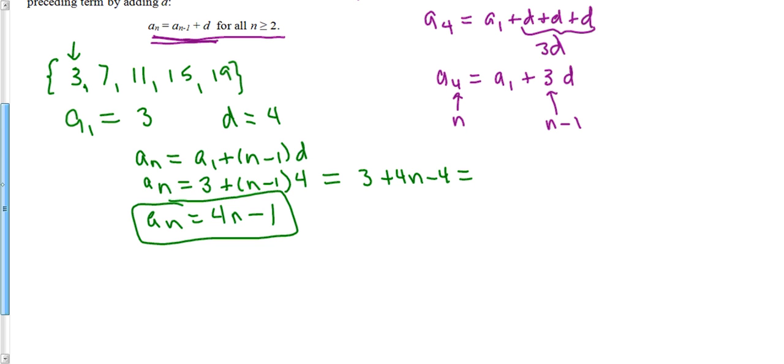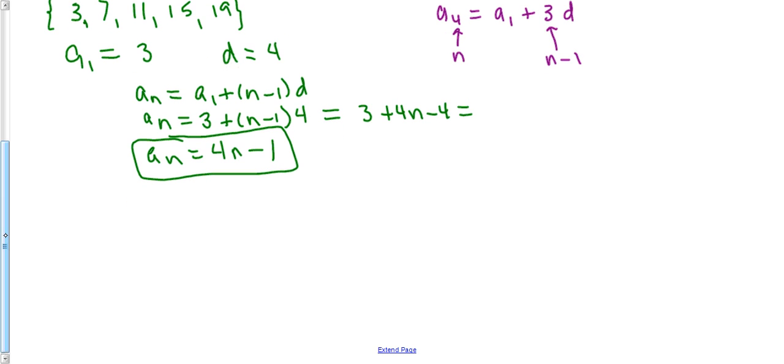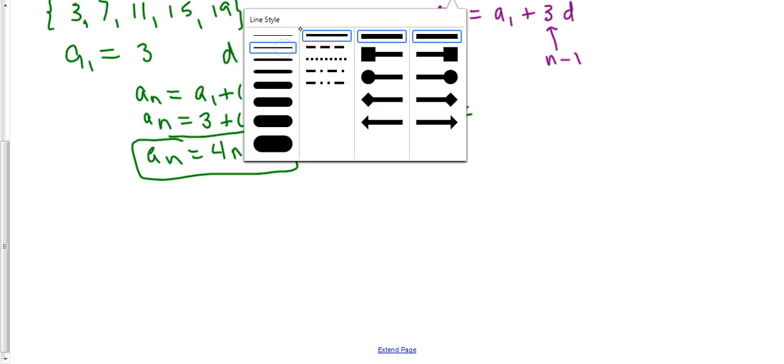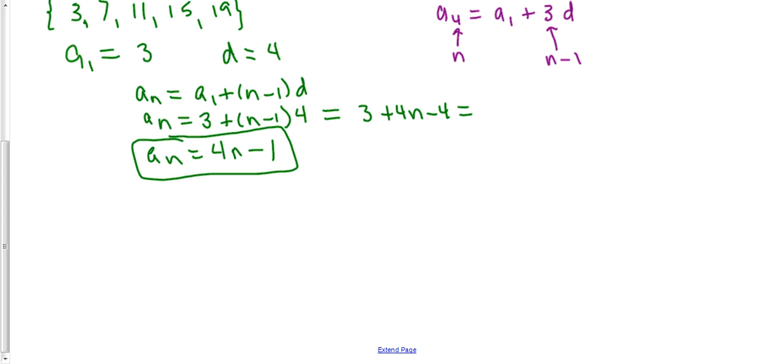All right, I'd like to look at one more example here. Again, I'm just going to change ink colors, which means I need to change the thickness of the line. This whole idea of the general formula of looking at sequences holds for negative numbers as well as positive numbers. So let's consider a different sequence here.